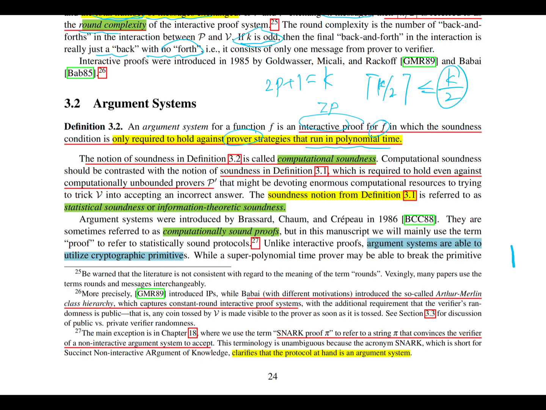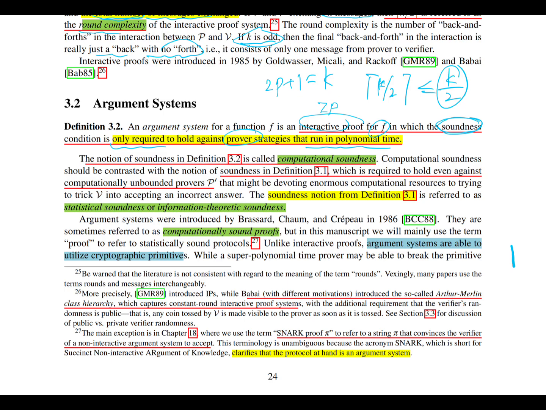Let's look at the difference between an argument system and an IP, the interactive protocol. The argument system has some additional requirements. That's the basic concept. The notion of soundness in definition 3.2: here the soundness condition changed.